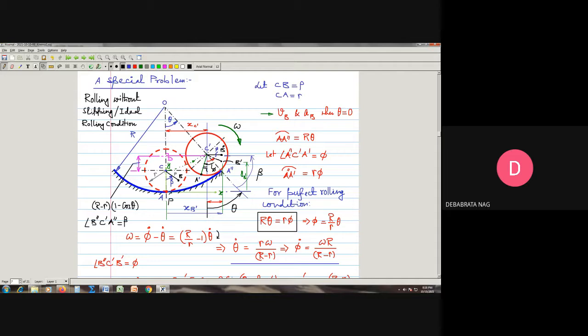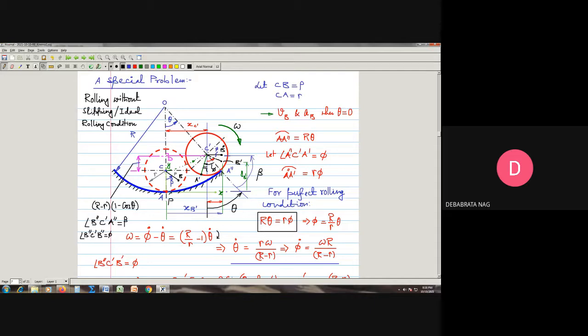Quite naturally, we can say the angle B double dash C dash B dash, where B dash is the final location, is obviously equal to phi, the angle of rotation that we have given. So C dash B dash is the final position of this radial line CB because of all these rotations.